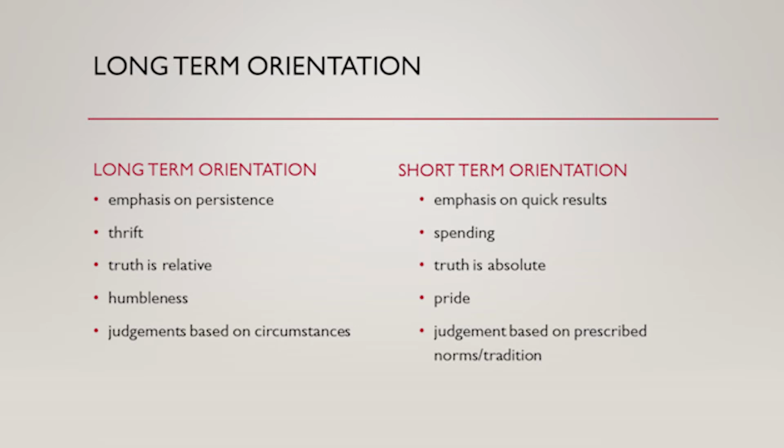Long-term societies value humbleness, whereas short-term oriented societies are characterized by pride. Decisions or judgments in short-term oriented societies are based on prescribed norms and traditions. That's, I think, why he mentioned traditionalism. Whereas in long-term oriented societies, judgments and decisions are based on circumstances.